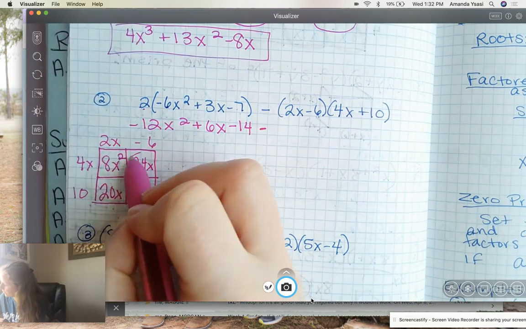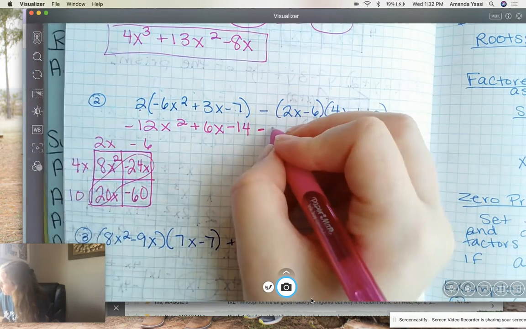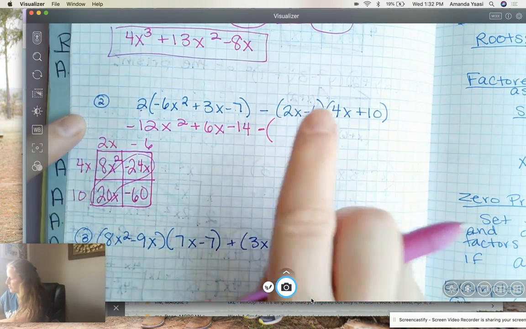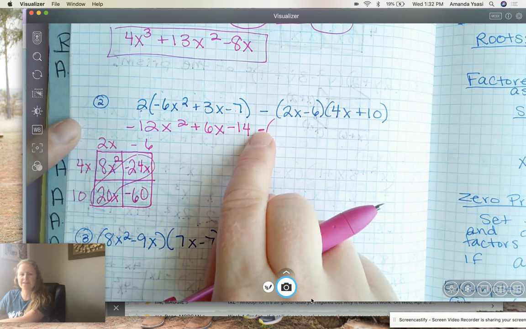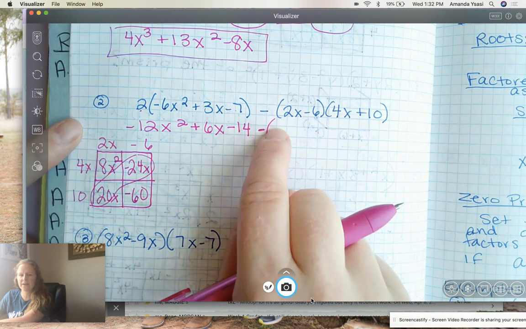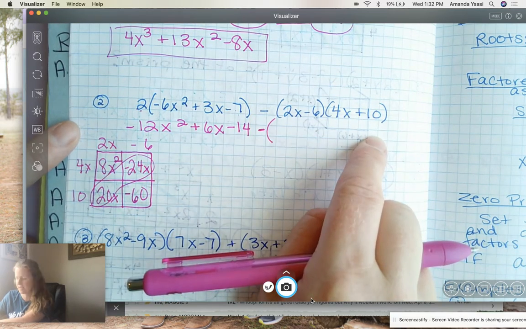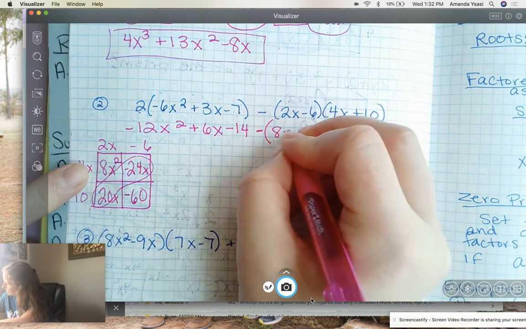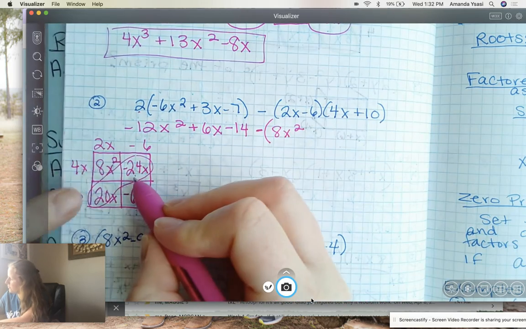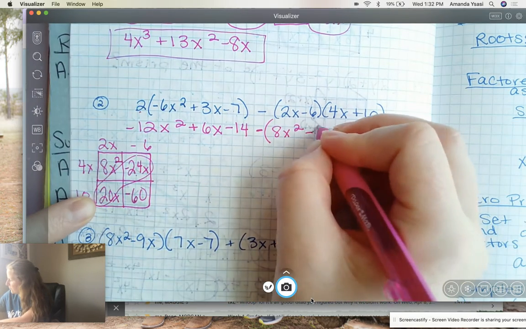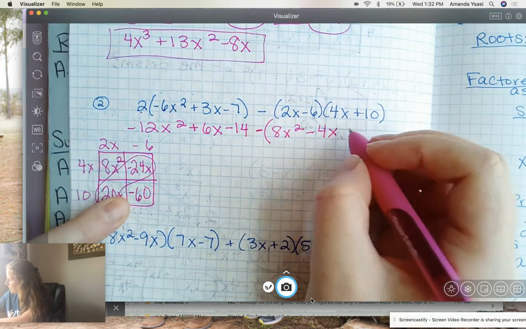And then I can combine this. So I'm going to put this in parentheses still. See how that's minus? I can't just put it out there because everything is actually going to change signs. So this is going to be 8x squared. Negative 24 and a positive 20 would be a negative 4x minus 60.